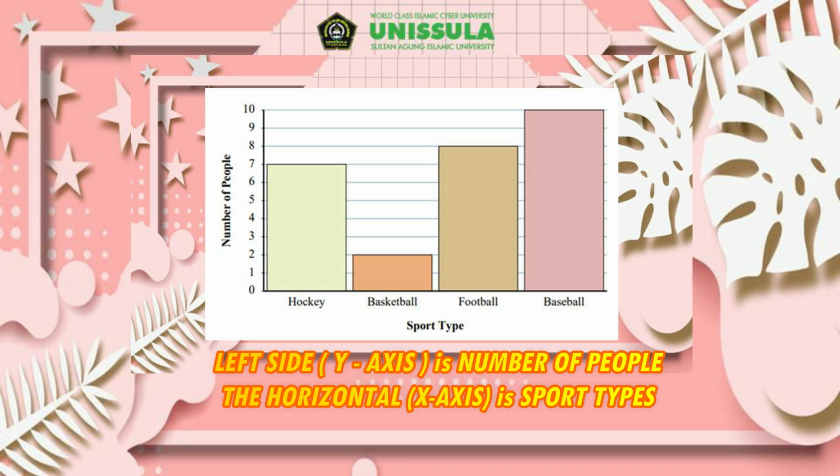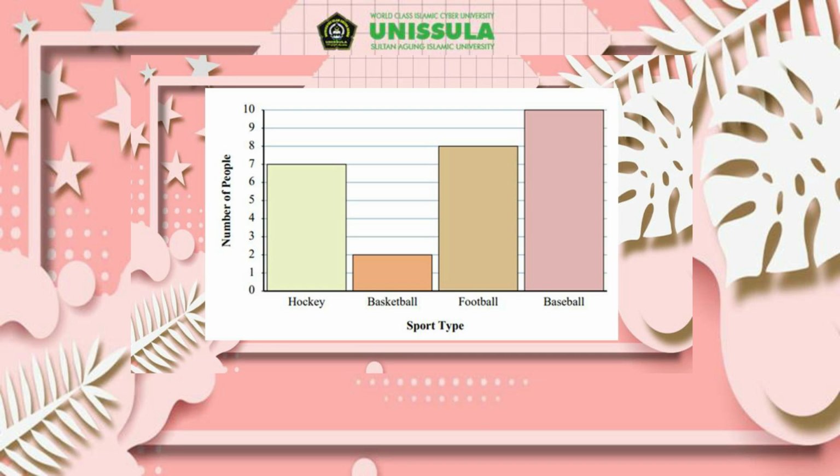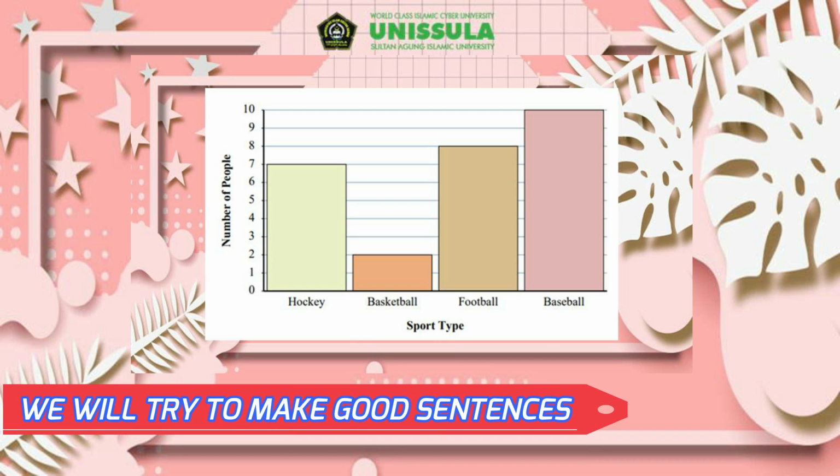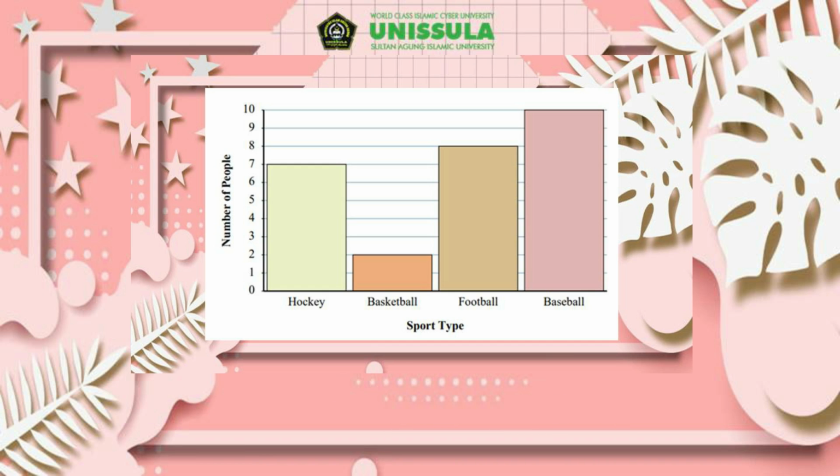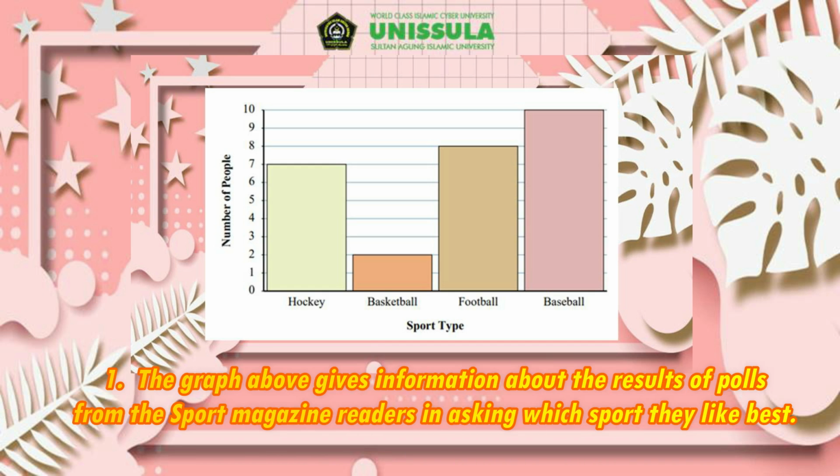Okay, and now we are going to try to make good sentences or a good description based on this graph. I give you an example now. The first sentence: the graph above gives information about the result of polls from the sport magazine readers asking which sport they like best.